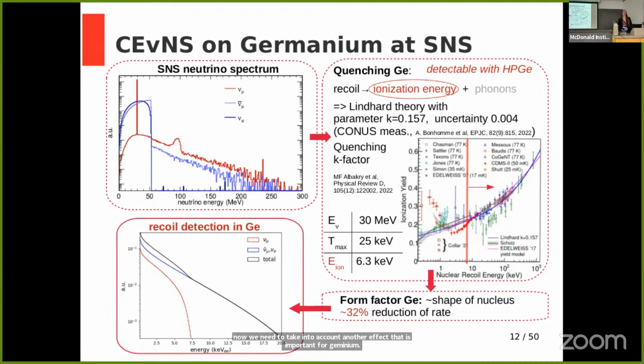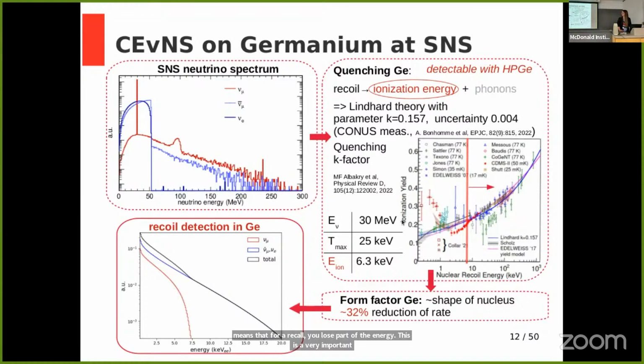Quenching in general means that the energy that is deposited in the detector is not only deposited in one type of energy, but different ones. For germanium, there are ionization energy components. However, germanium spectrometers are only sensitive to ionization energy, which means that for a recoil, you only see part of the energy, and this is a very important parameter to know well.